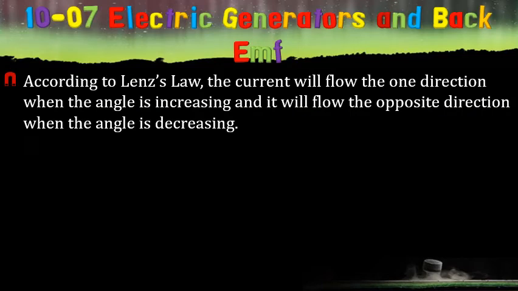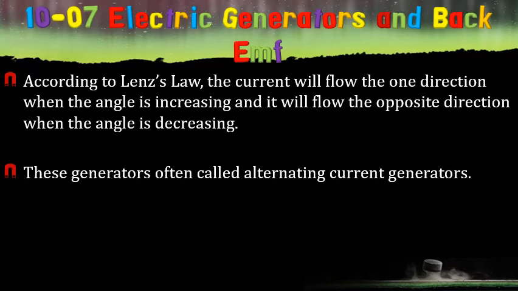According to Lenz's law, the current will flow in one direction when the angle is increasing, and the opposite direction when the angle is decreasing. Because the current changes direction, these are called alternating current generators, and this is the most common type of electrical generator. It's what we use in the US. The big ones used to produce power are alternating current.